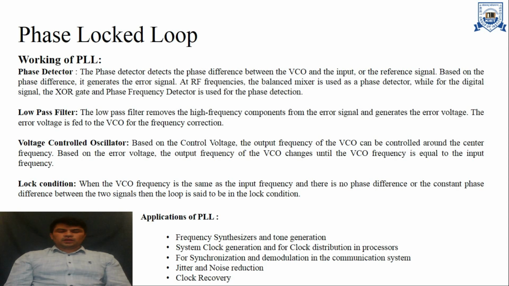Based on the controlled voltage, the output frequency of the voltage controlled oscillator can be controlled around the center frequency. Based on the error voltage, the output frequency of the voltage controlled oscillator changes until the VCO frequency is equal to the input frequency.